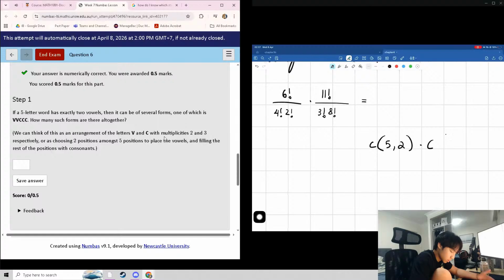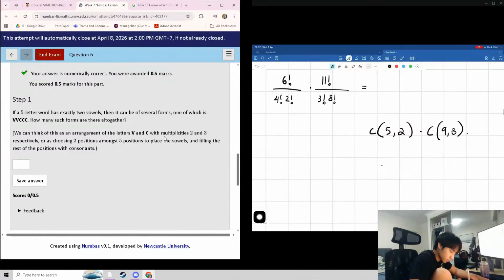Times C 9, choose 3. Let's see if that works.